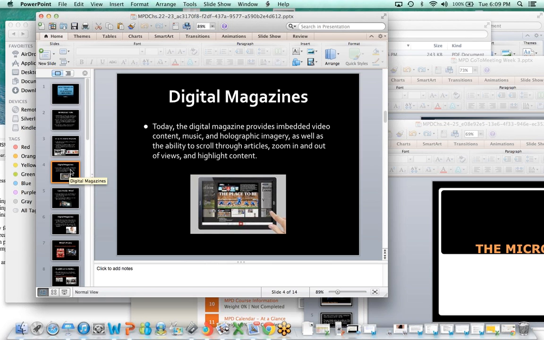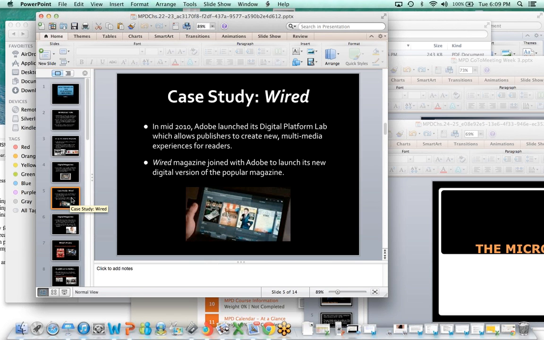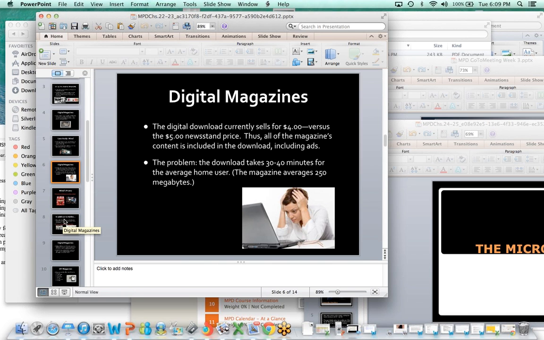You don't have to be successful in the publishing industry by just doing physical copies. You can do digital, like Wired magazine, and a lot of magazines are switching to an all digital format. Digital magazines can embed video and more links, and people can download them.